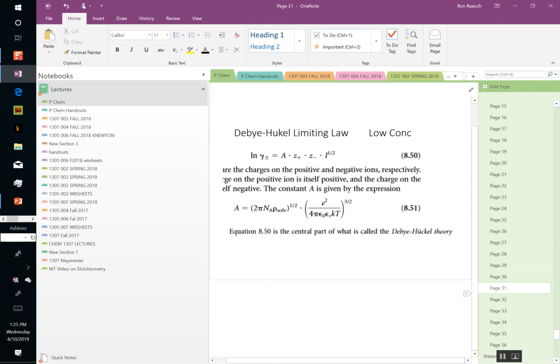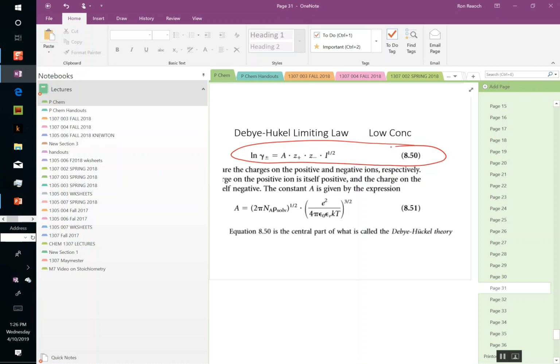All right, here's the Debye-Huckel equation. I guess we never really specifically got to it. Here's a comment to make. The test may include the Debye-Huckel limiting law, and I think when you talk about the Debye-Huckel equation, that's what they're generally referring to.